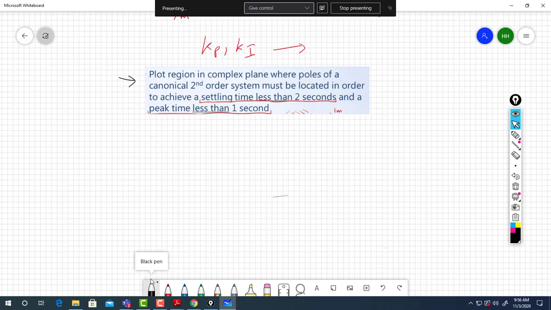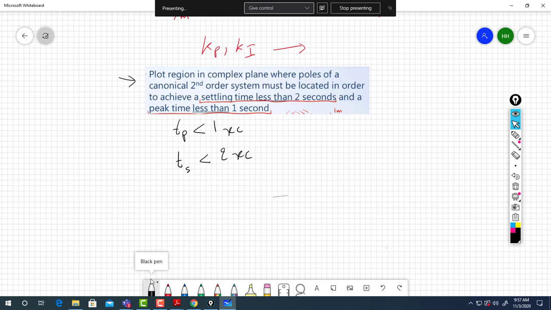Plot the region in the complex plane where the poles of a canonical second order system must be located in order to achieve a settling time less than 2 seconds and a peak time less than 1 second. Again, what's the question? Plot the region in the complex plane.